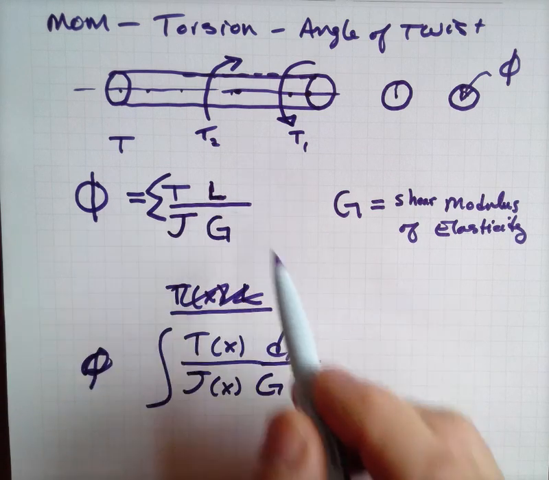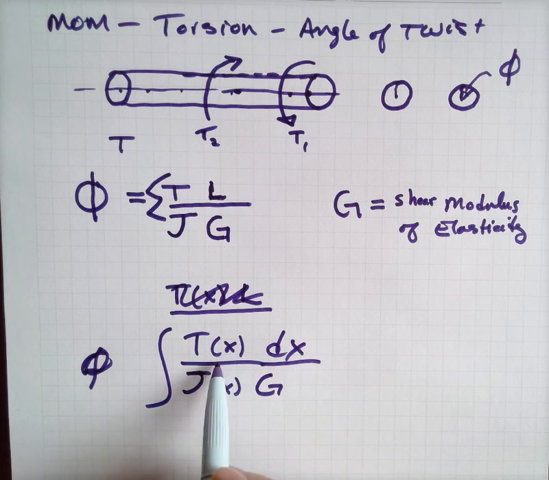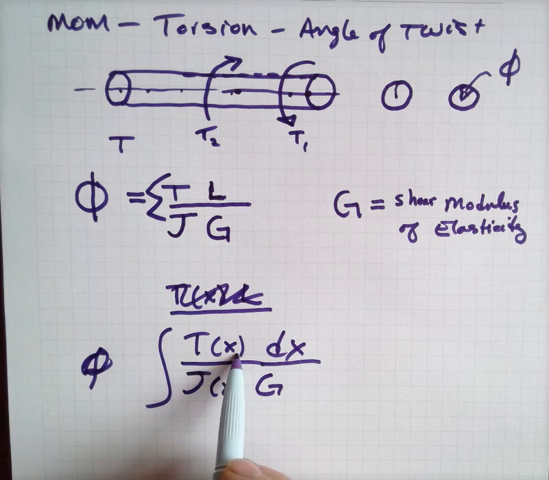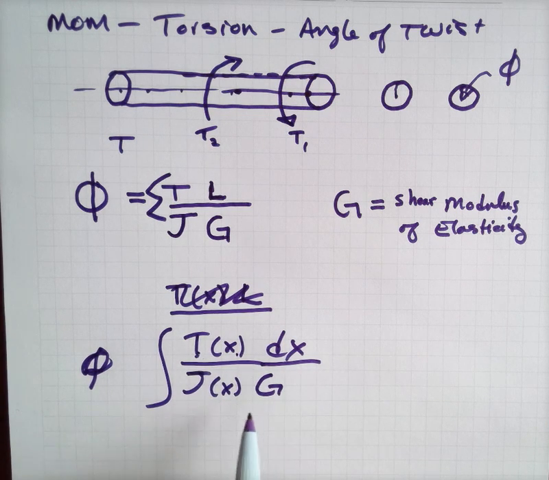So in place of the L is the dx, add up all the dx's for all the differing torques and moments of inertia, and we integrate from 0 to L. So discrete, continuous, and there we have angle of twist.